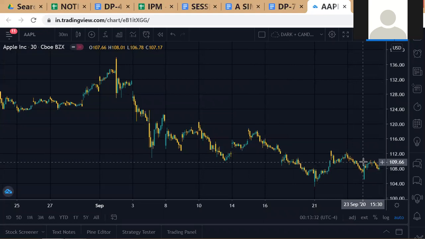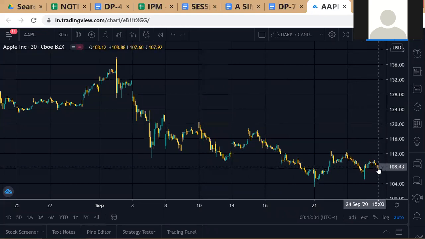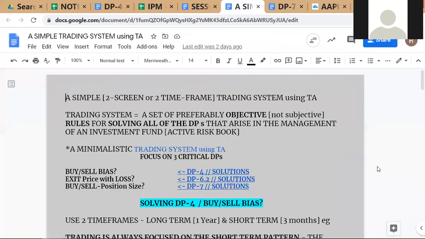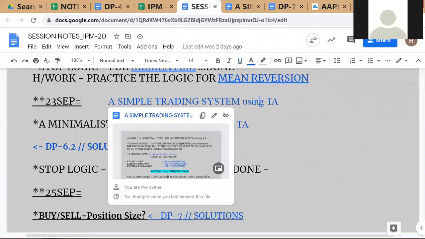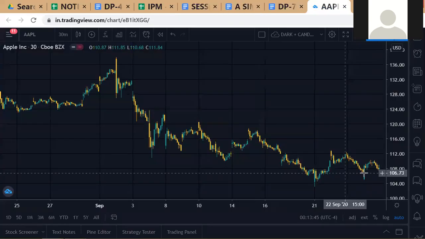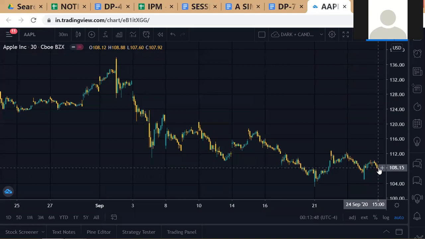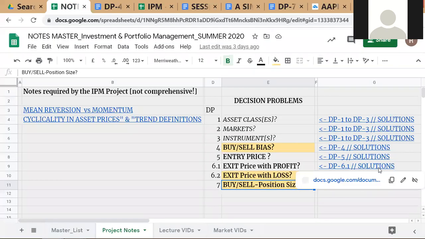Initially, for the purposes of our simple trading system, we are going to assume that all entries are at current market prices. So DP5 gets automatically solved like that.